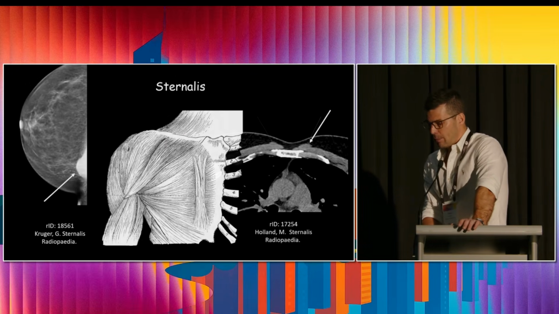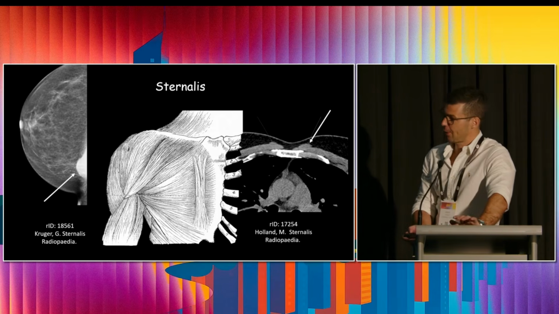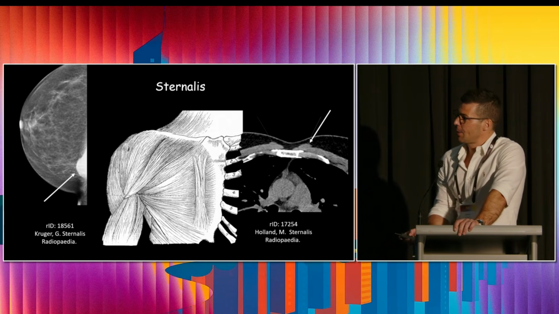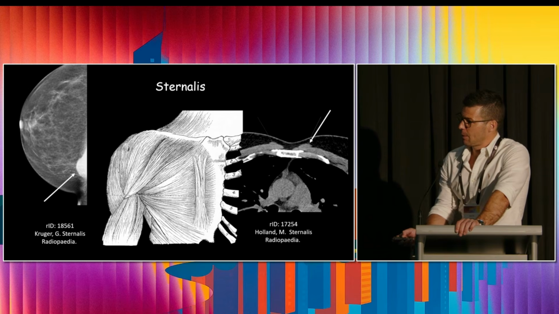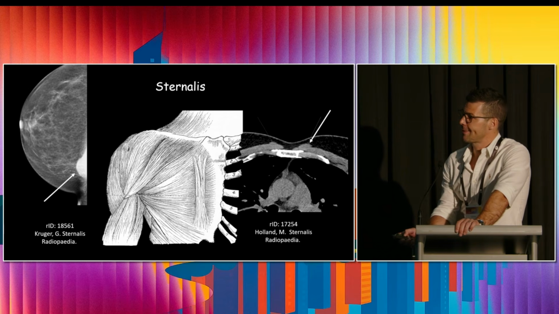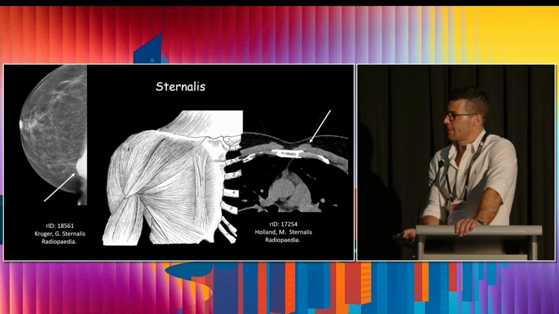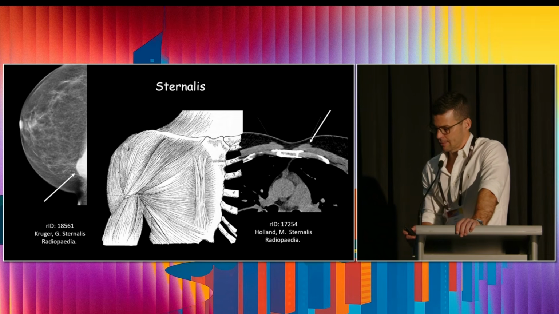Now, there are a couple of accessory muscles that remain unticked on my bingo card. One of those is the sternalis, an accessory muscle that sits superficial to pec major. It runs parallel with the sternum. It's often confused as pathology on mammograms and in CTs. I've seen quite a few of these on CTs, but I'm yet to get a nice ultrasound image of the sternalis.